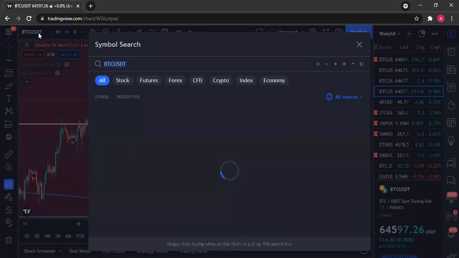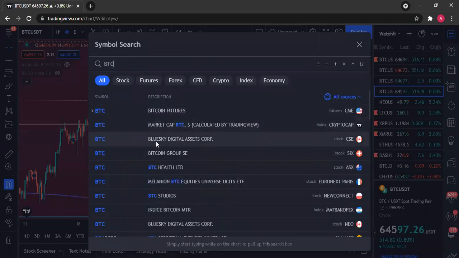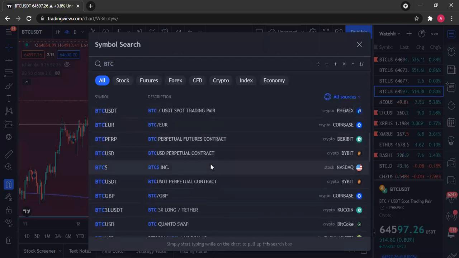go to another chart of Bitcoin. The thing is, most of the Bitcoin charts I have drawn something on, and I don't want to delete them. So that's why I want to go to another exchange.